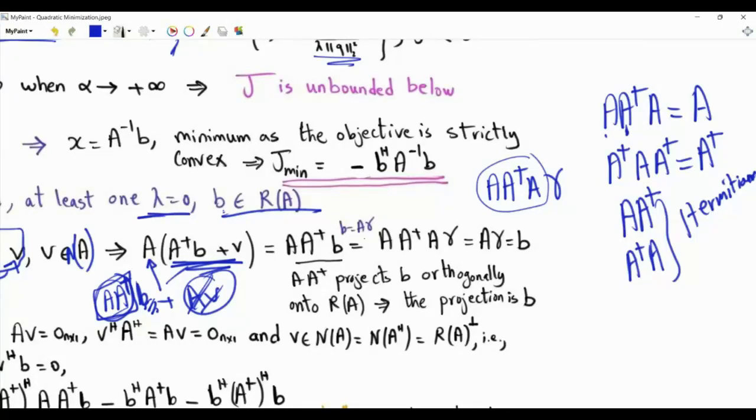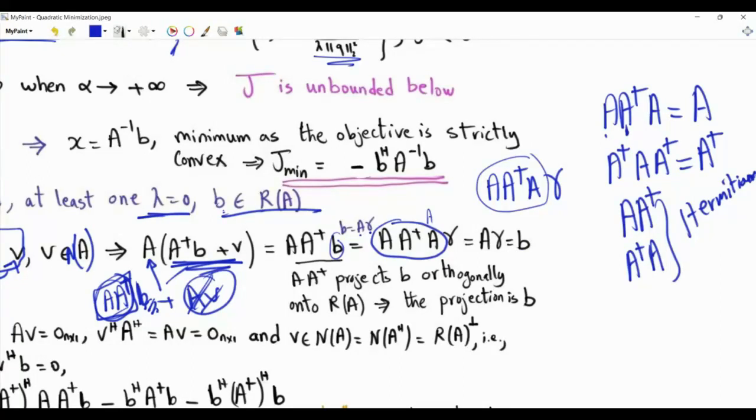So if B is in the range, then I can write B as A times some given vector, and so we get this thing here. By definition, this is equal to A, and so we get A gamma, and A gamma is B itself.